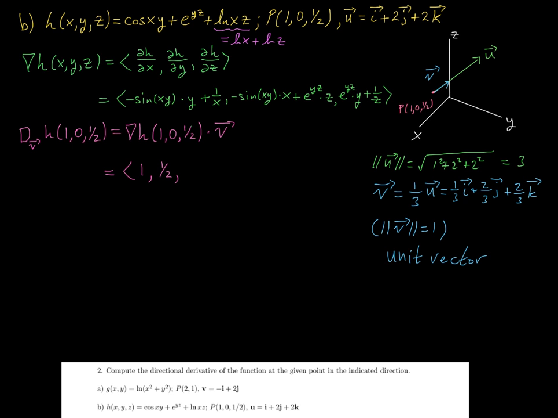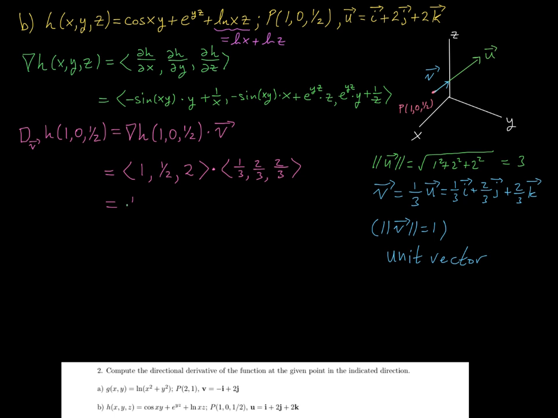I'm taking the reciprocal of 1/2, so that would be 2. Then I'm taking the dot product of that with our vector v, which we computed over here. This is 1/3, 2/3, 2/3.